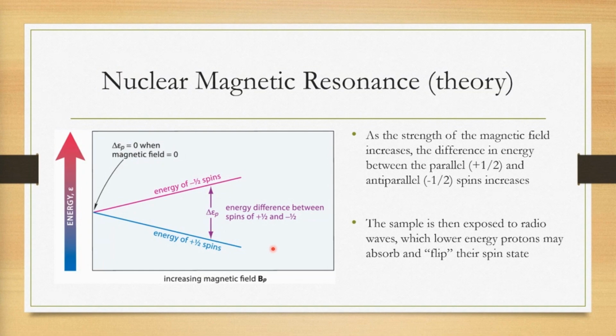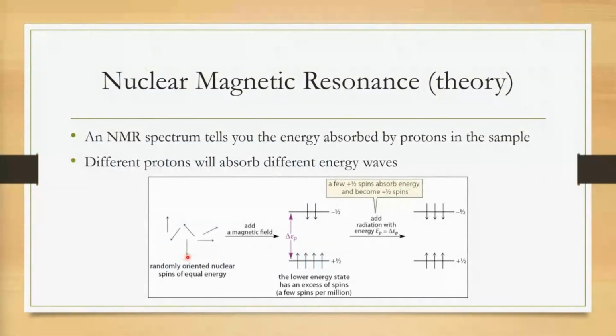So the next image that I have on the next slide kind of shows this in a different way. So we've got randomly oriented nuclei. They're all generally of equal energy. We apply a magnetic field. We now have some nuclei that are aligned with a magnetic field in a plus state. We have some that are anti-parallel to the magnetic field in a minus state. So we have lower energy aligned with magnetic field, higher energy anti to the magnetic field.